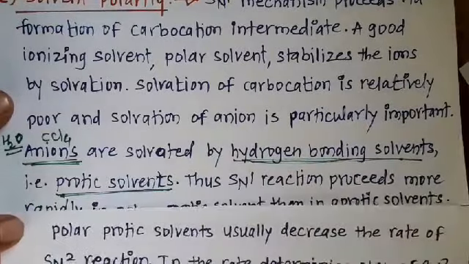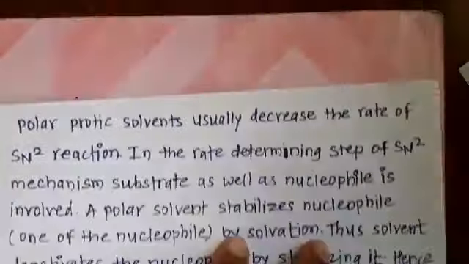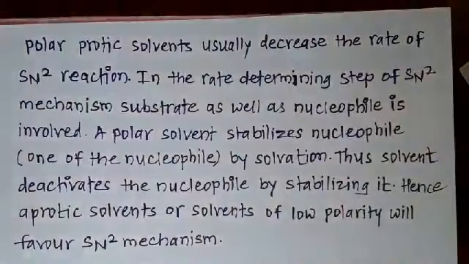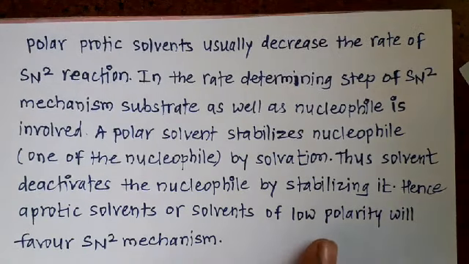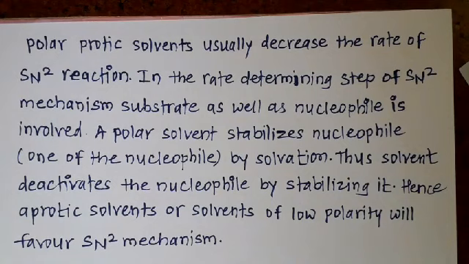The protic solvents usually decrease the rate of the SN2 reaction mechanism. Here for the SN1 reaction mechanism, protic solvent increases the rate of reaction, but for the SN2 reaction mechanism, protic solvents decrease the rate of reaction.